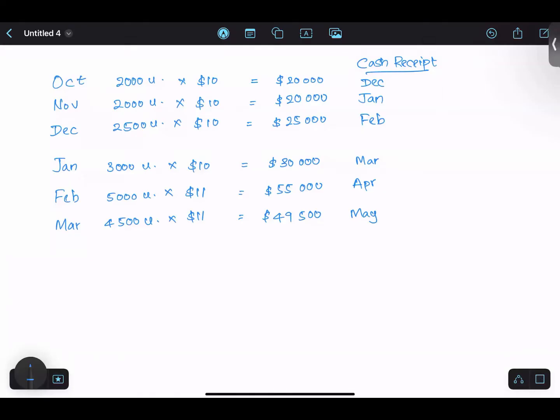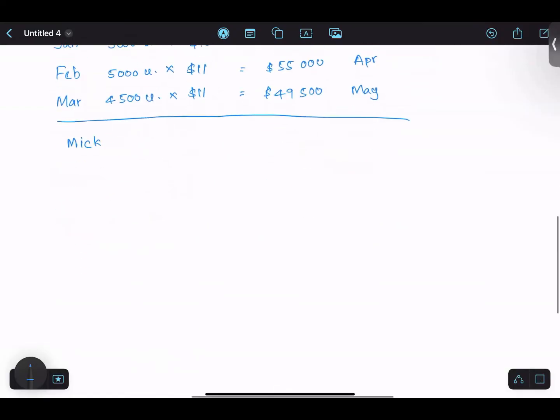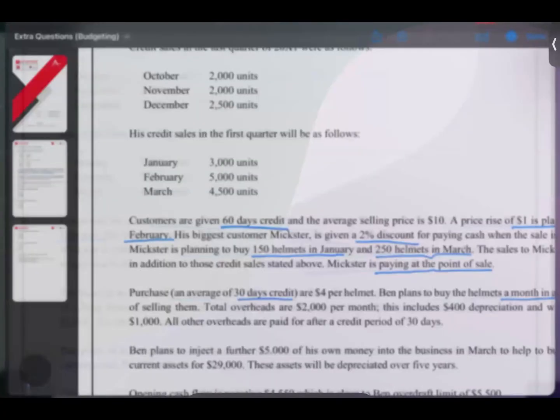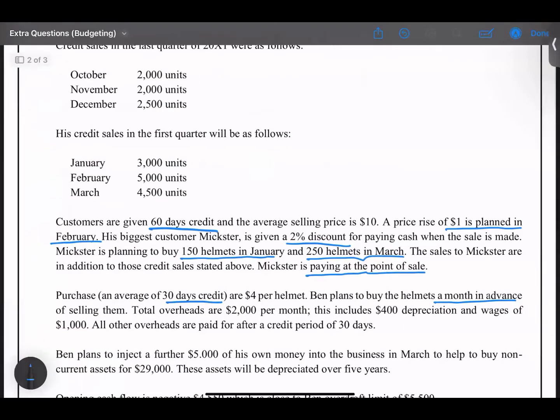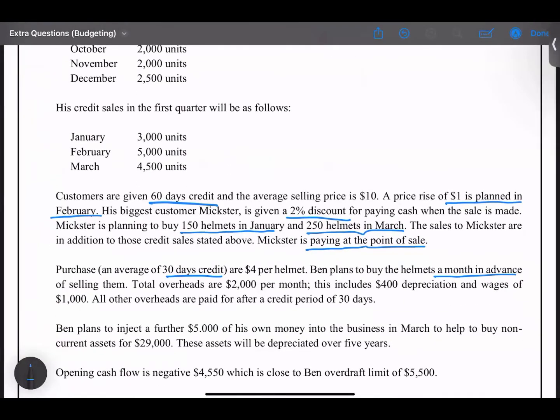And there is one more thing. There is a special customer called Mixter. I'll write his sales details separately. What are they telling? His biggest customer, Mixter, is given a 2% discount for paying cash when the sale is made.